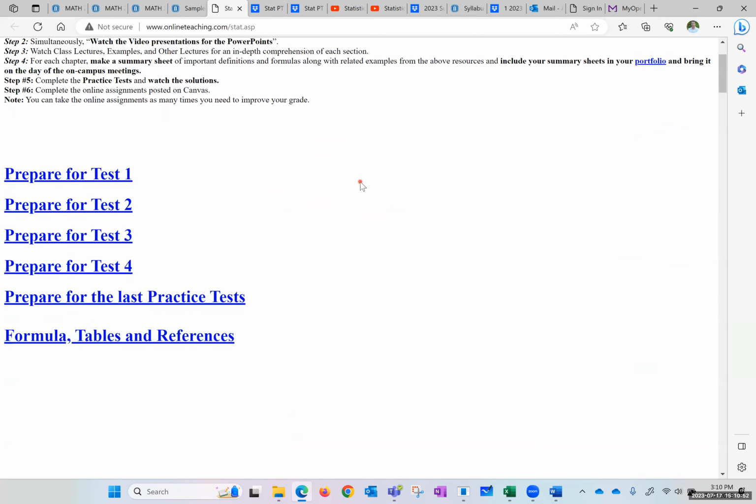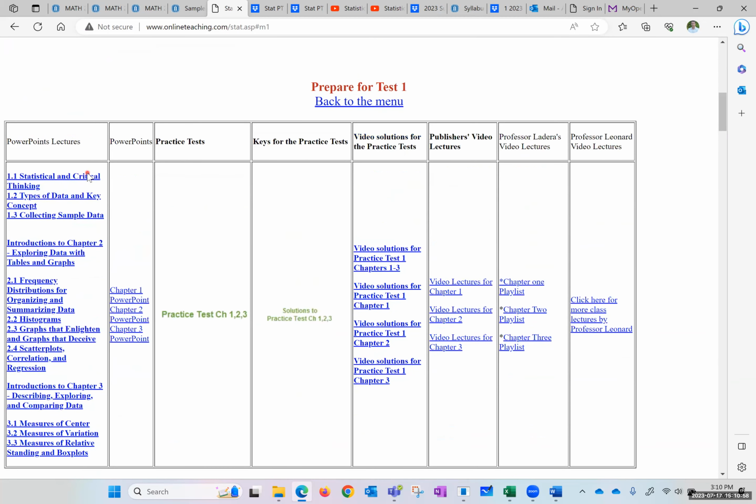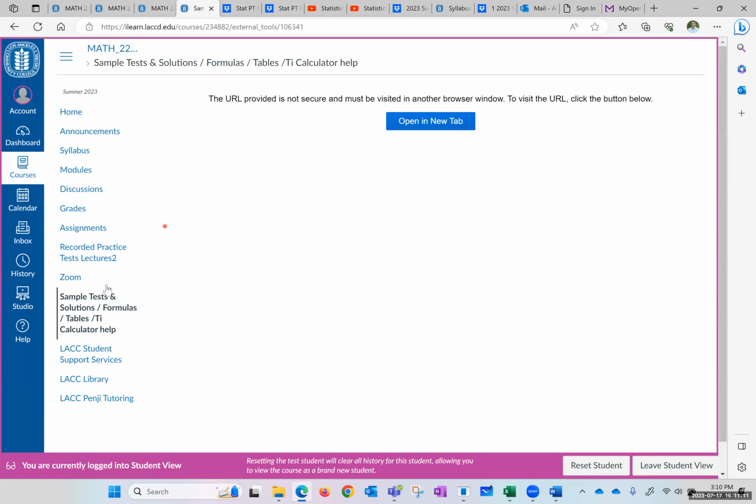Then, for example, the first exam or the first module, you will have the same information, the PowerPoints, practice test, solution to practice test. I put them here in case something goes wrong with Canvas. Otherwise, you never ever need this. Okay, so going back to the home page.